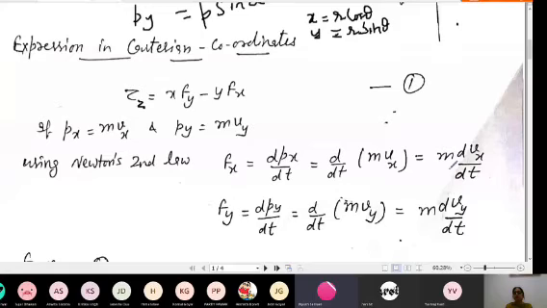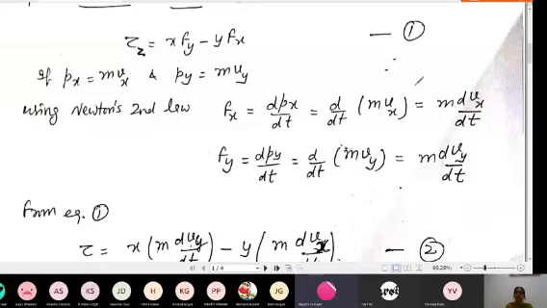M being constant, I can write Fx equals m d by dt of Vx. Similarly, Fy I can write as m dVy by dt. Following similar steps, I have simply written the force in terms of the mass and velocity components.